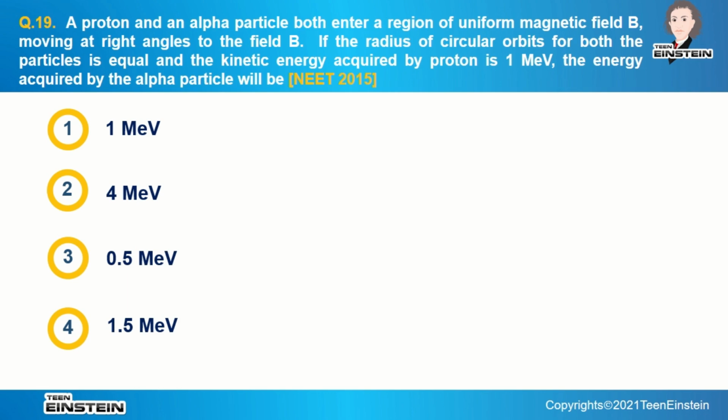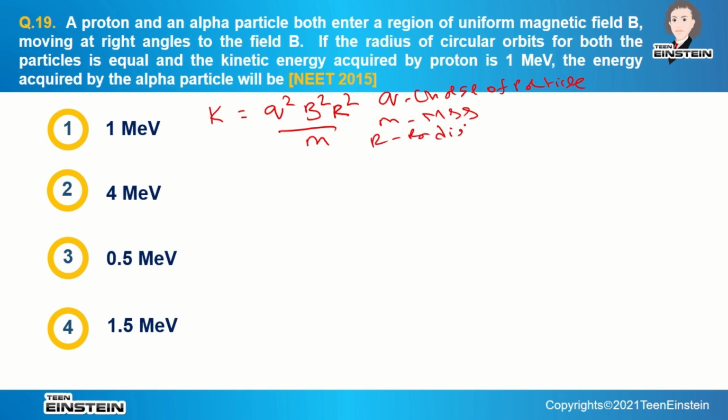So the kinetic energy acquired by a charged particle in a uniform magnetic field is given by q square B square r square by m. Here q is the charge of the particle, m is the mass and r is the radius of the circular orbit.